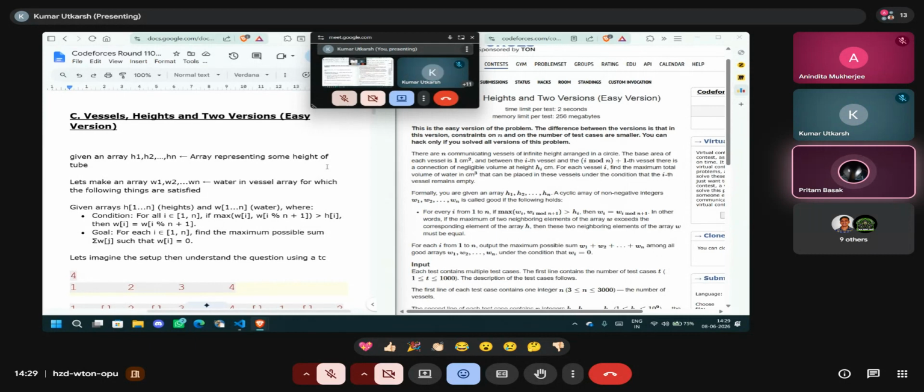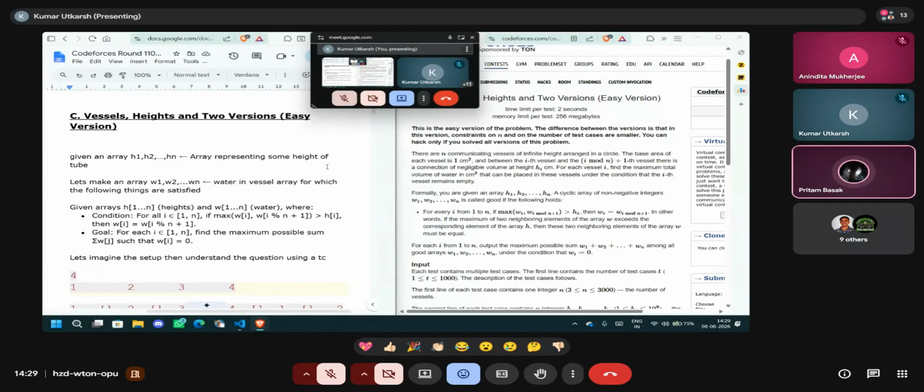Yes, so what I actually did was that for each of the vessels, I checked for the maximum height of each of the other vessels for the clockwise direction and also for the anti-clockwise direction.